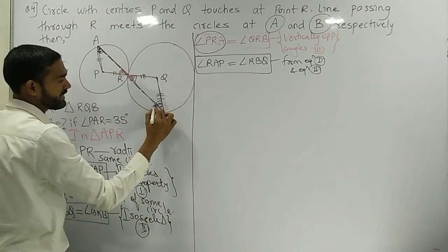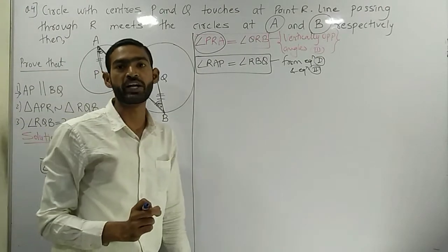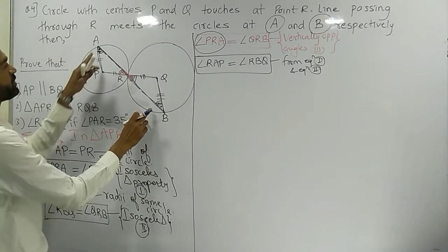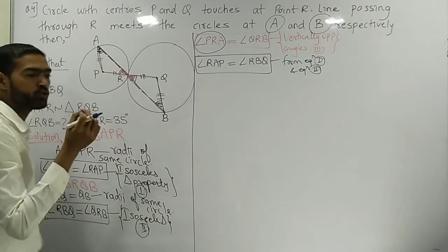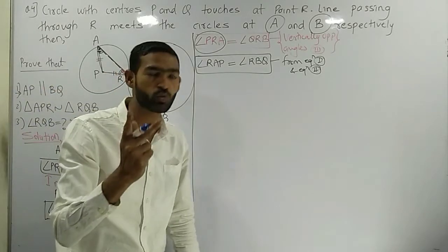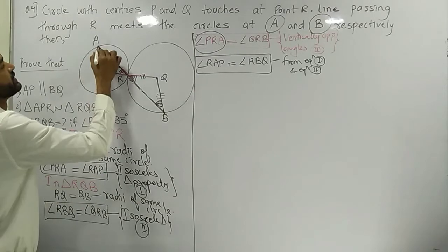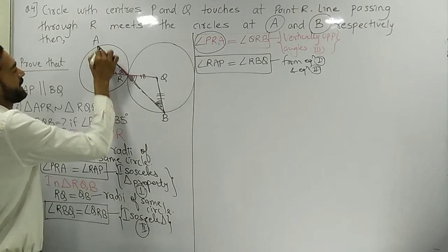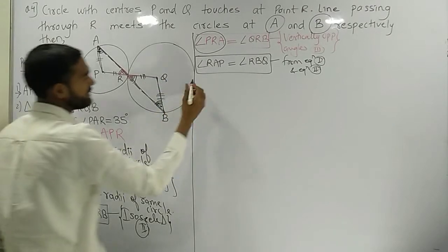If these two angles are equal, they are forming a Z, and to form a Z we need two parallel lines. These two angles are alternate angles. Since these two angles are congruent, therefore I can say AP is parallel to QB.